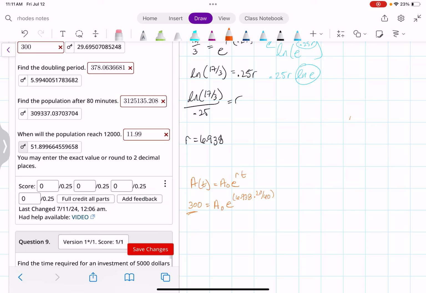Again, in hours, so I'll take 20 divided by 60. Now, to get what a sub 0 is, that's just a coefficient here, so I'm going to divide both sides by e to 6.938 times 20/60. That gives me 300 divided by e to the 6.938 times 20/60 in the denominator, and that will give me a sub 0.